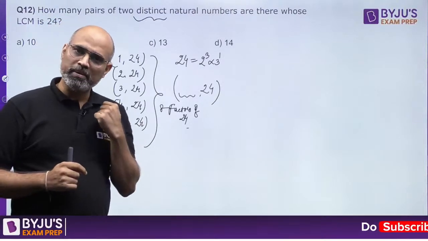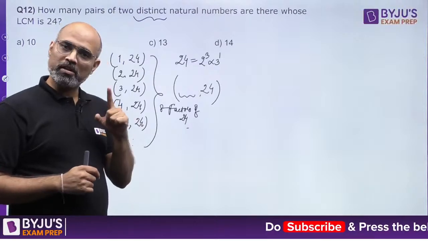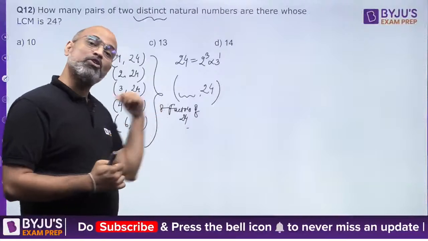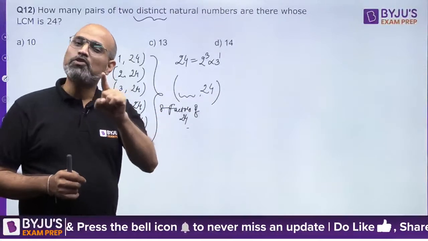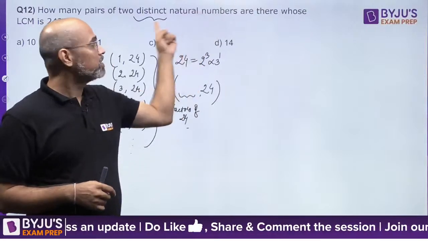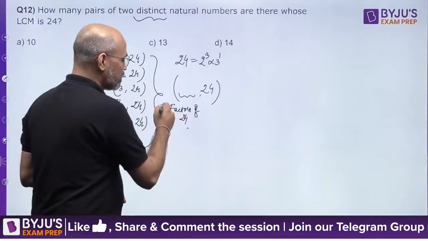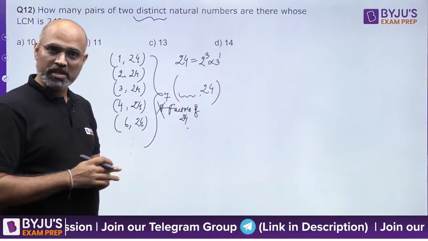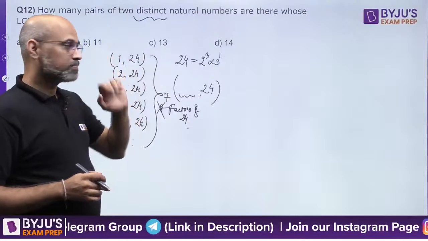We can't take 24, brother. Problem. We have 8 factors, but we can't put all the 8 factors. One of those numbers we can't put. The number 24 is itself a factor. We can't take 24, it says distinct. So actually we can only put 7 factors. Okay? So we have 7.